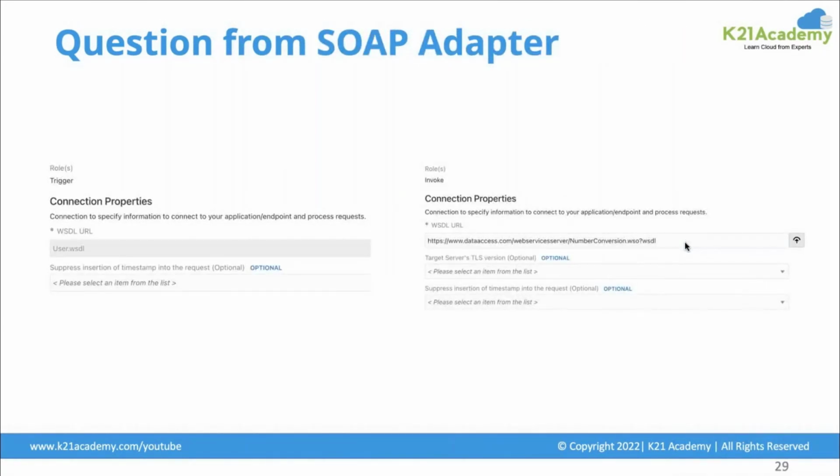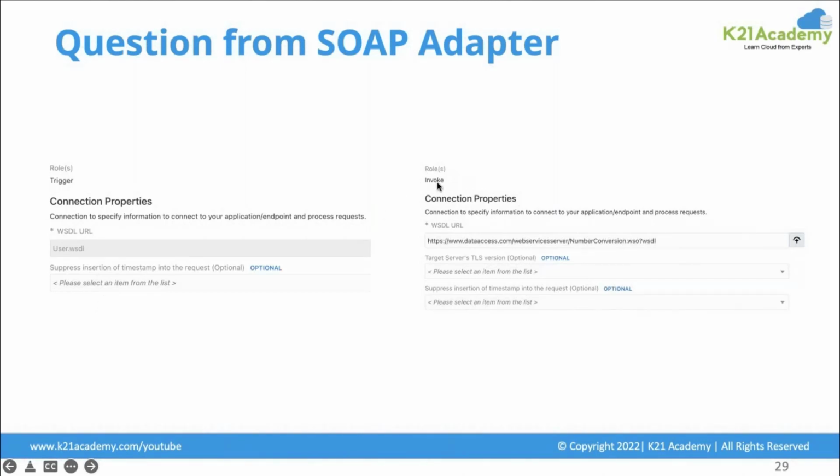Like the SOAP adapter. When you are configuring the SOAP adapter, like I mentioned, look at all the available options and try to differentiate between trigger and invoke role. When you configure the SOAP adapter, you may choose role trigger, you may choose role invoke. When you choose role trigger, you may see only these two options.